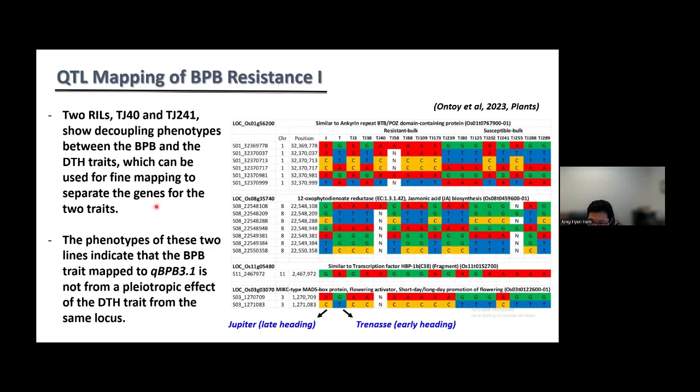Most of the resistant lines show the late heading phenotype, and most of the susceptible lines show the early heading time, but these 2 lines do not follow that pattern. So this indicates that the disease resistance is probably not 100% due to the early flowering time.